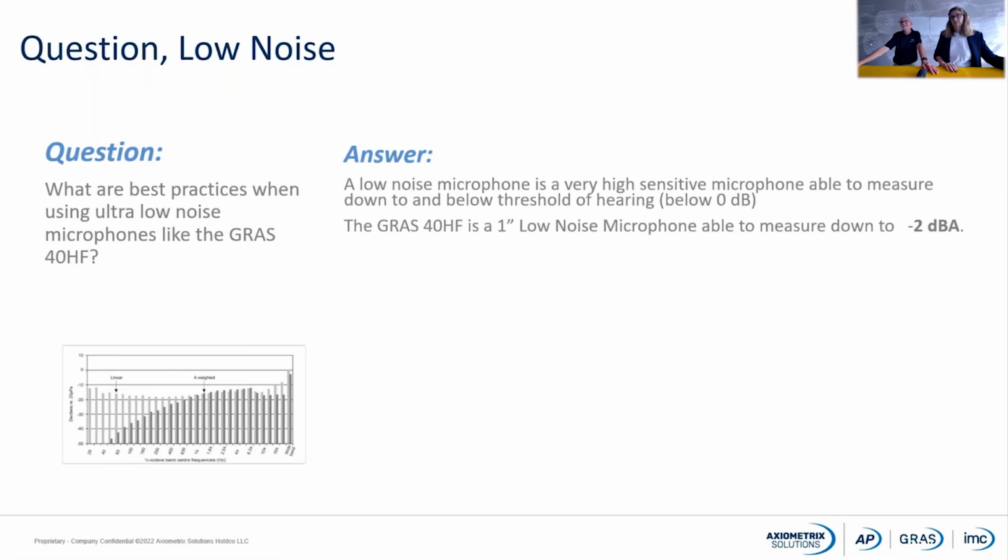These microphones can actually measure very low signals, below the threshold of hearing or below 0 dB. The GRAS 40HF is a 1-inch low noise microphone, and is actually able to measure down to -2 dBA.